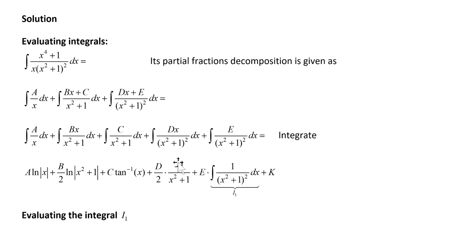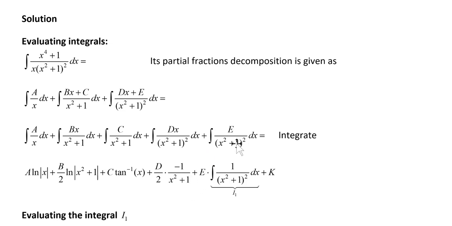What you end up integrating is 1 over u squared, which means the u squared in the denominator becomes u to the negative 2. Use the power rule of integration, and then bring u back. You get 1 over 2 times negative 1 over x squared plus 1.